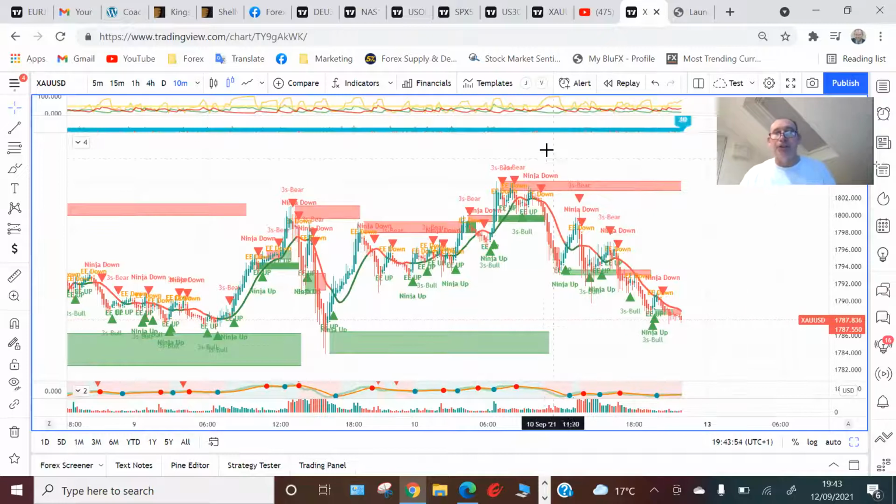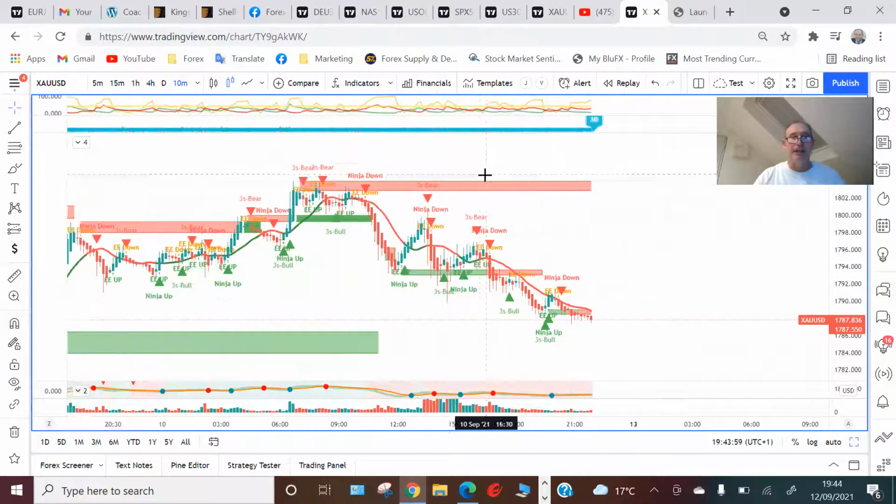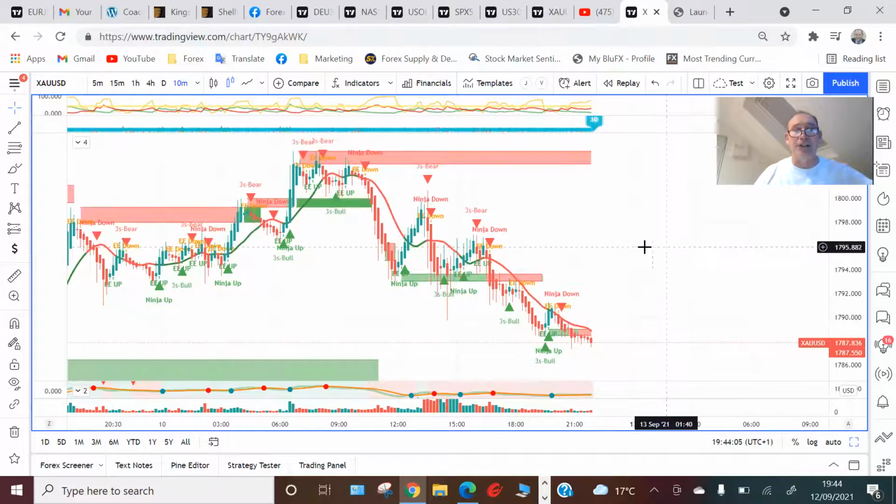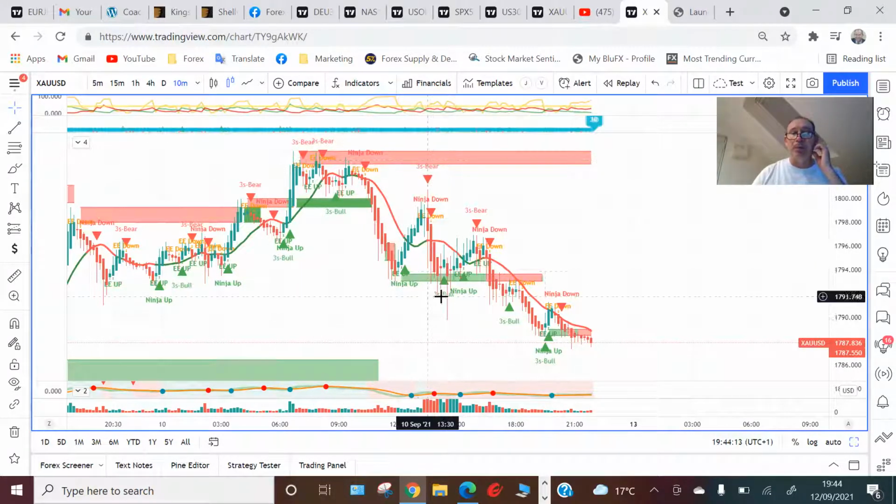That's right. So the first thing we look for with this, ladies and gentlemen, is either a red or a green zone, as you can see here. For some people, these represent support and resistance. Some people call them supply and demand. There are differences, but let's just keep it simple just now.